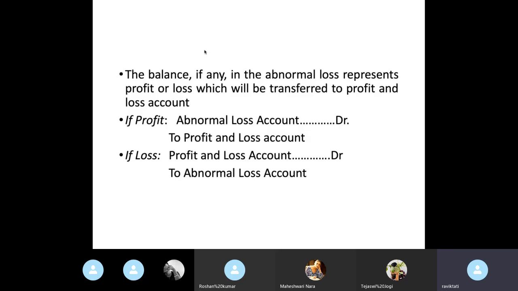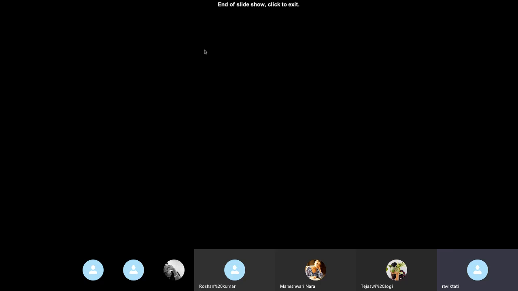When you're taking the insurance policy for the normal loss or abnormal loss from the insurance company, this is an expense, and this expense is debited to the consignment account. When this event occurs, damage occurs, and you get a claim, that claim is credited to the consignment account. That's it. So this is the end of the main points of consignment.